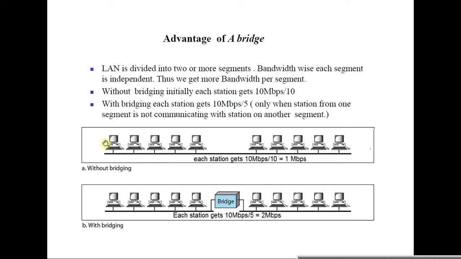We divide the stations into 2 parts. The first part contains 5 nodes connected to the Ethernet, and the second part contains 5 nodes connected to the second Ethernet.